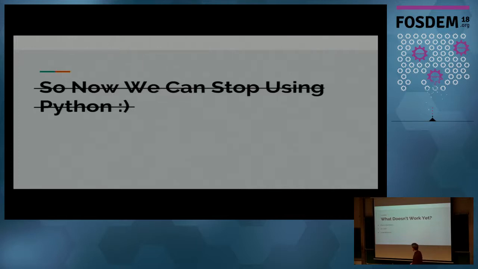So now that we can use C++, we don't have to use Python anymore. No, unfortunately. At the moment, and I suppose it will always be like this, Python is easier for quick flow graphs and things like that in GNU Radio.